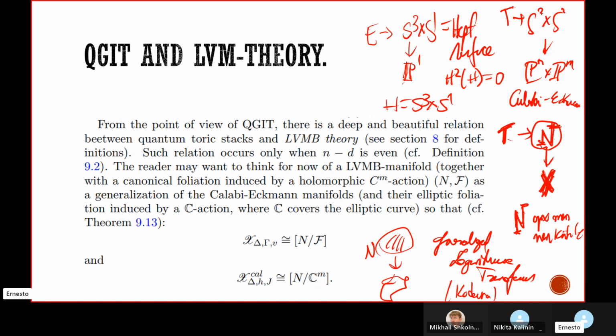Then one can ask what happens when I holomorphically deform this foliation. What happens is that you get the same story, the quantum toric varieties, the calibrated and the uncalibrated ones.